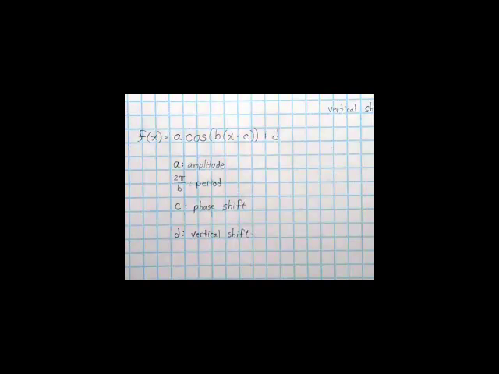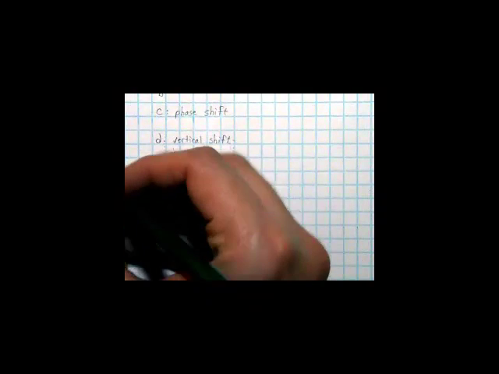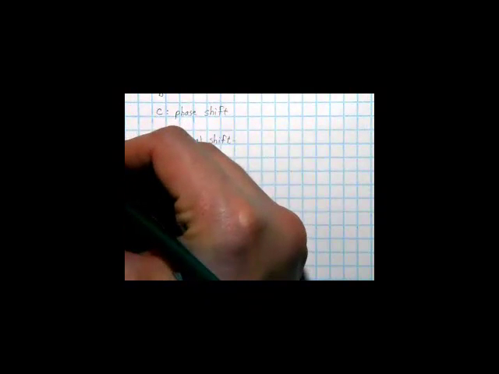Or if I give you the graph, can you then tell me the amplitude, the period, the phase shift, the vertical shift, and write an equation for it from that? I'm going to start with an equation and see if you can tell me the amplitude, period, phase shift, vertical shift. And then we're going to practice graphing that too. That's why we got the graph paper here.